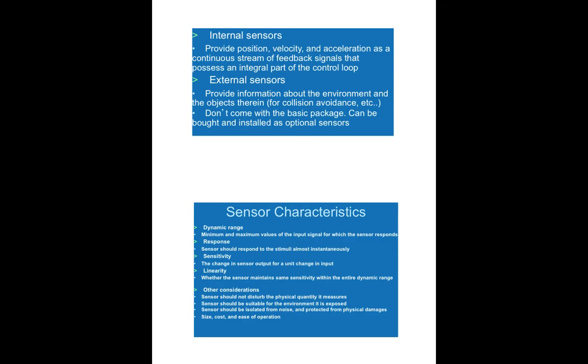Cost as well as size is one of the major important characteristics of a sensor. If a particular project has a constraint on cost, say for example you want to design a robot whose cost should not go beyond 40,000, then you should be very strict on the cost of the sensor. So that is all about the sensor characteristics.